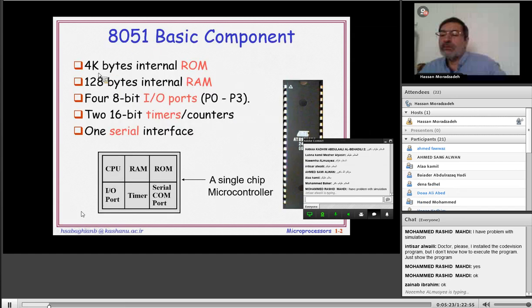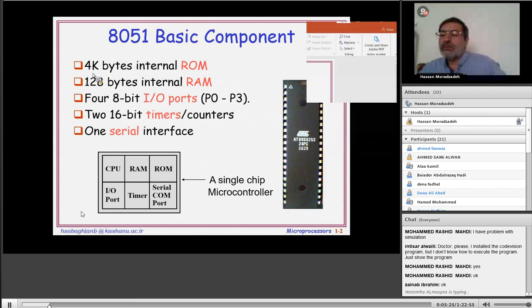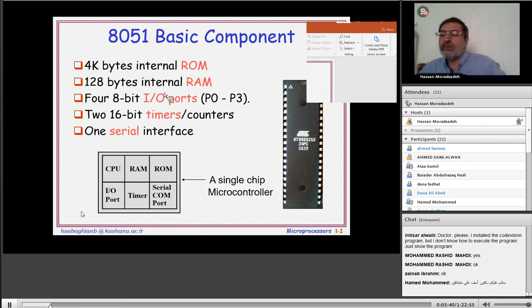It has a CPU and some peripherals next to it: for example, some locations of RAM, some I/O ports, some timer counter controllers, and some serial port controllers.